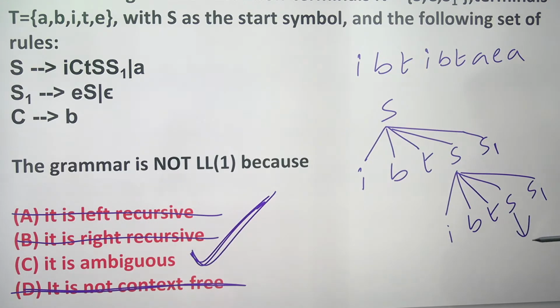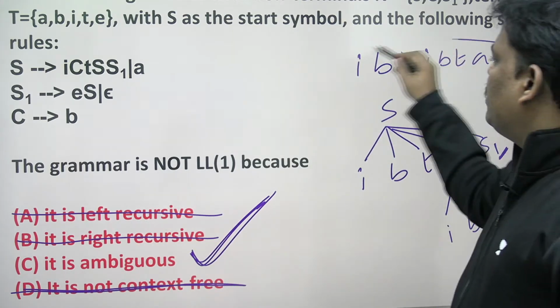So this is A. S1 will give A, S1 will give E. You can take from either one, take from anyone. If you take this one, it is one choice; if you take this one, another choice. I think multiple trees are possible here. This is the example.